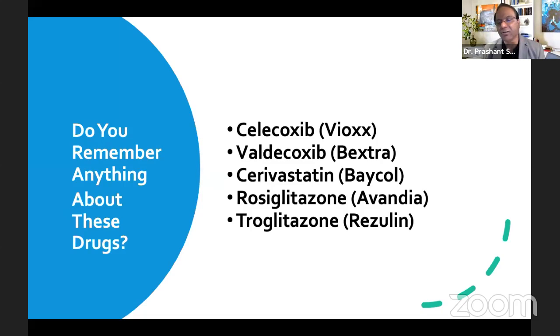Baycol, which is a lipid-lowering drug, was recalled by the FDA because it was suspected of causing more than 100,000 people to suffer or die because of rhabdomyolysis, which is one of the adverse effects of statins. Then you have two anti-diabetic drugs, Avandia and Rezulin. They were also recalled because of their harmful effect on the heart and liver.